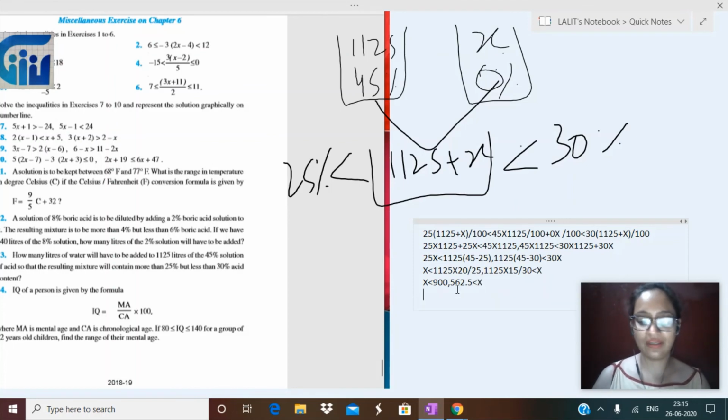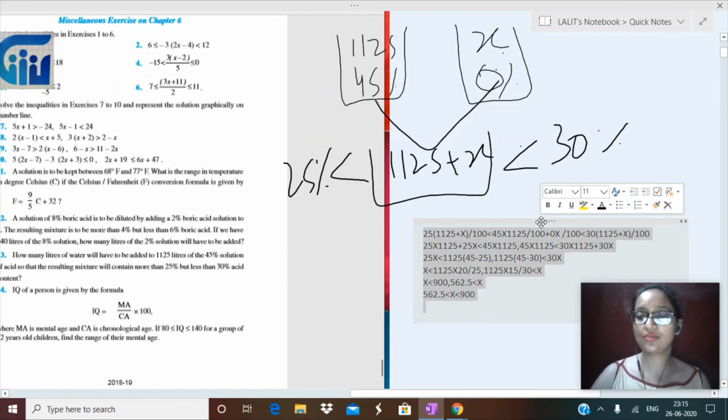So finally, if we conclude, we will say 562.5 is strictly less than x is strictly less than 900, right? What we were supposed to do was find the quantity of water that we'll be using. So we'll be using it between these particular liters, right? So moving on to the next question, just read what it says.